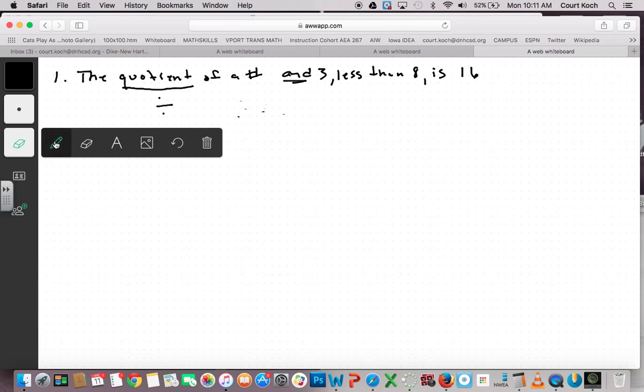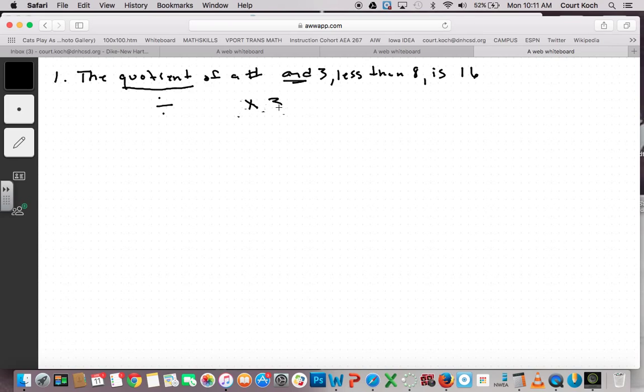In reality, you need two numbers to divide. So a number we'll call x and 3. So the quotient of these two, less than 8, less than means minus 8, is 16. Okay? Quotient of a number and 3 less than 8 is 16.